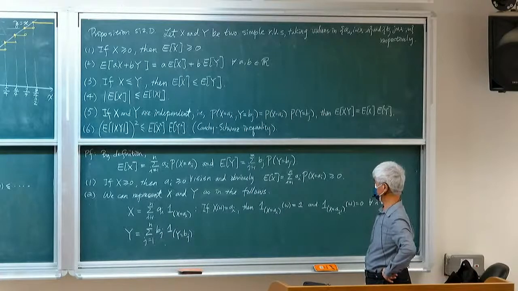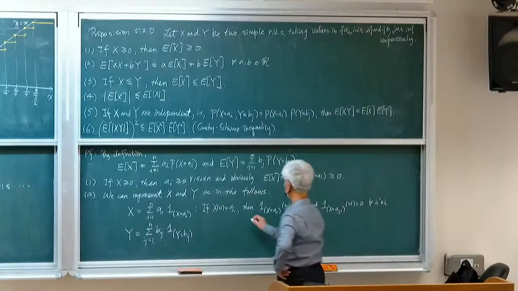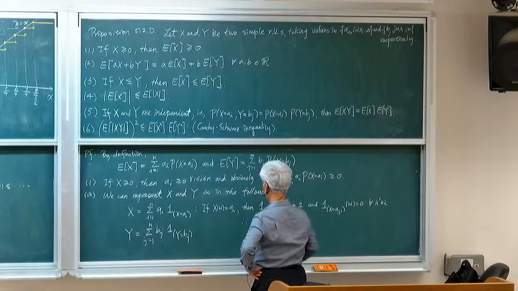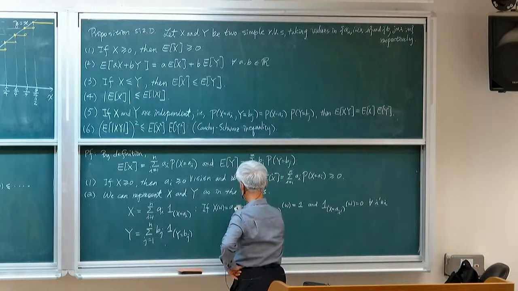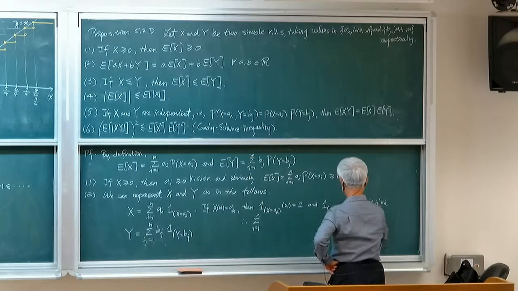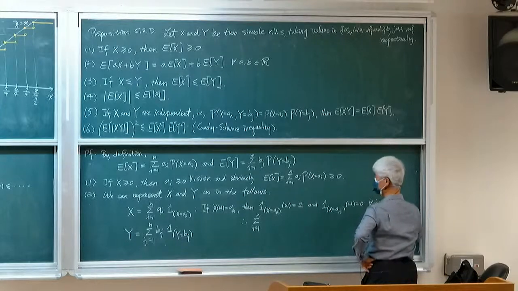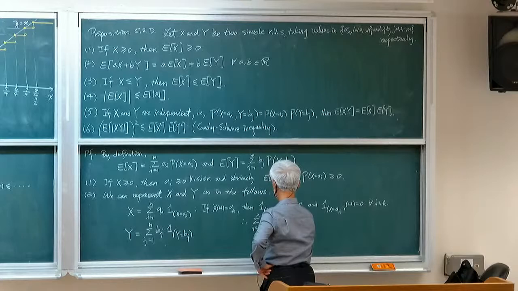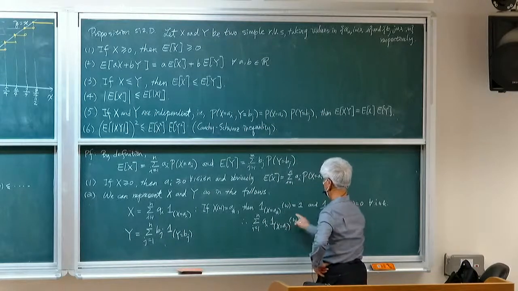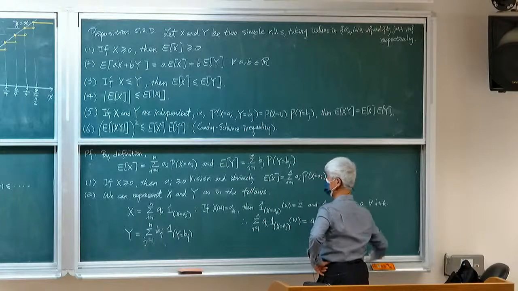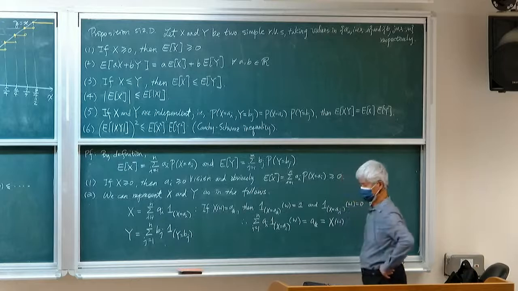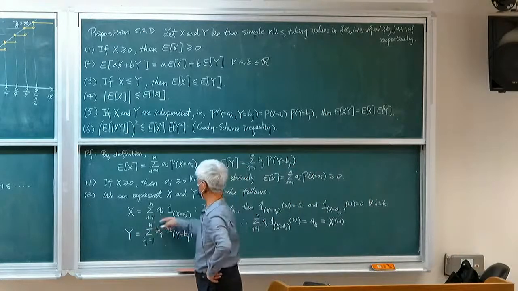So in the summation over i from 1 to n, let me use k, the term ai times the indicator of X equals ai at omega becomes ak, and this is equal to X of omega. That proves that they are equal.